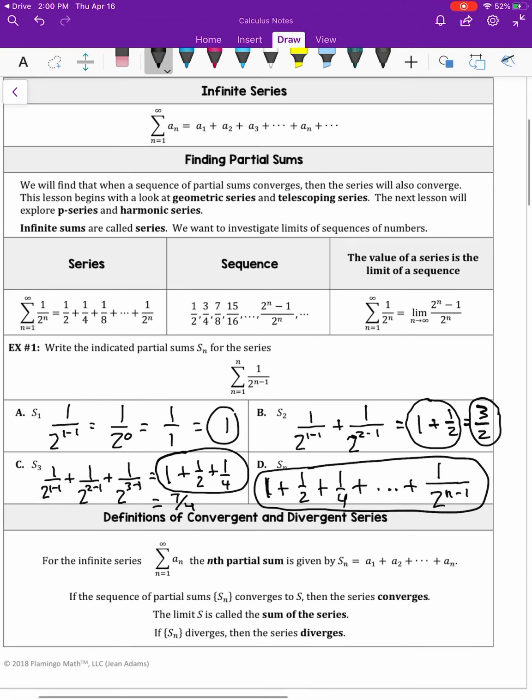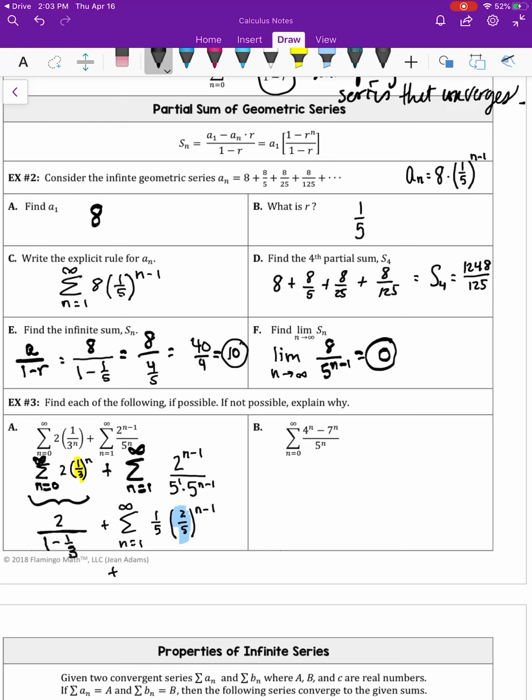But if I write it like that, then I can see that this would become 1/5 times 2/5 to the n minus 1, which is in the format that we talked about up here, the second format, okay? So that second format gives you your r to be this guy to the n minus 1.